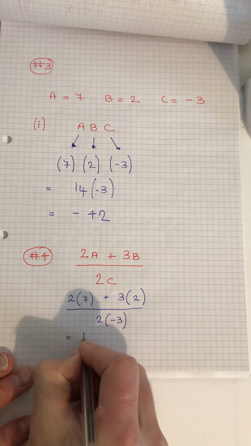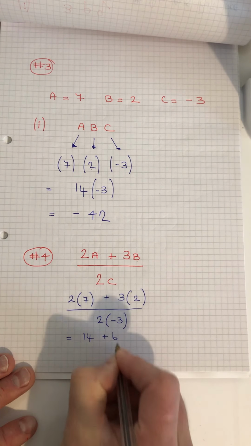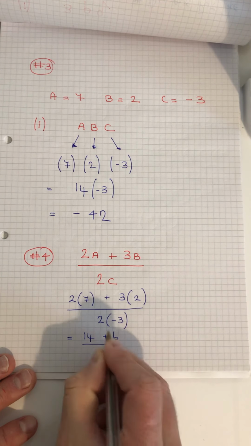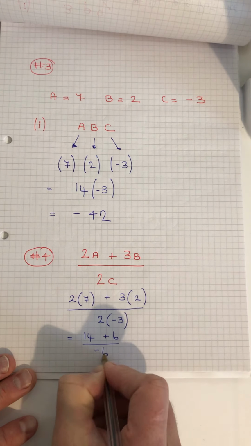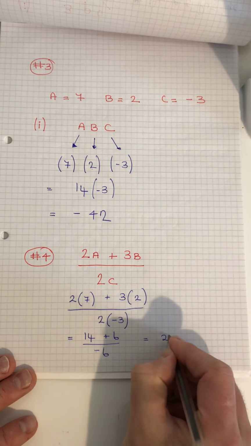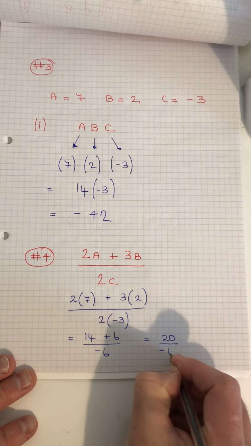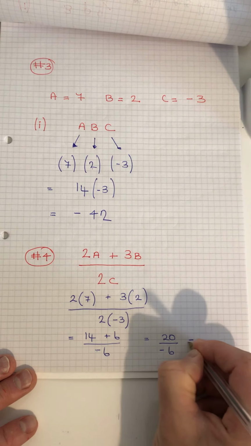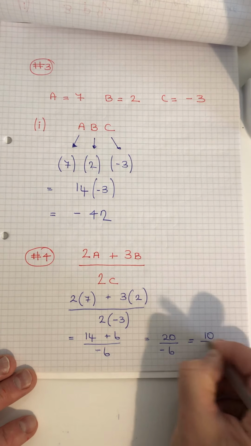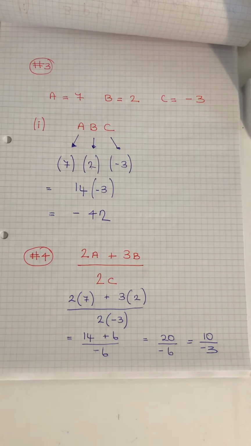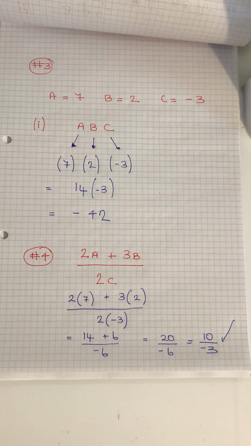So 2 times 7 is 14, plus 6, over 2 times minus 3 is minus 6, which gives me 20 over minus 6, which is equal to 10 over minus 3. And that is correct. Okay, so that's one as a fraction.